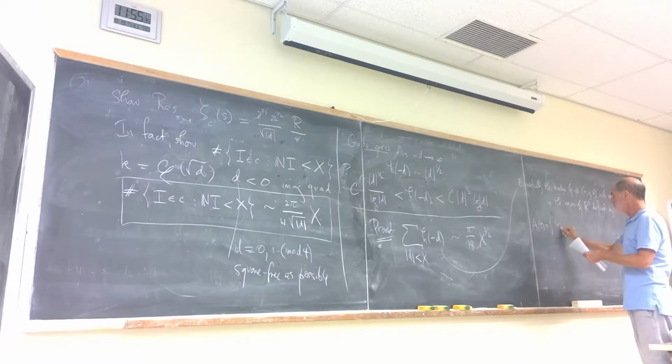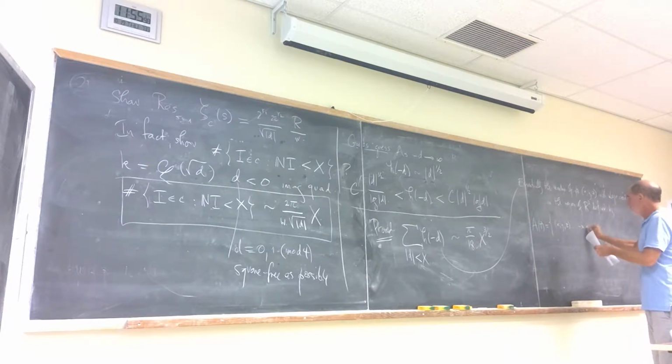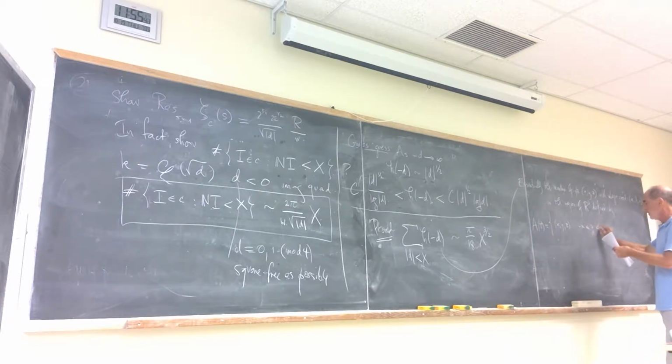where minus x is less than or equal to y, is less than or equal to x, is less than or equal to z, and 0 is less than 4xz minus y squared, which is less than t. So this says we're a reduced form.